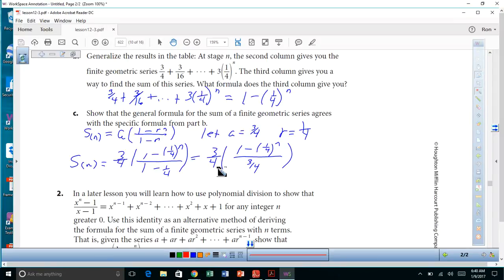So this and that will cancel out, and you're left with 1 minus 1/4 to the n. Okay? So that's how that third column worked.